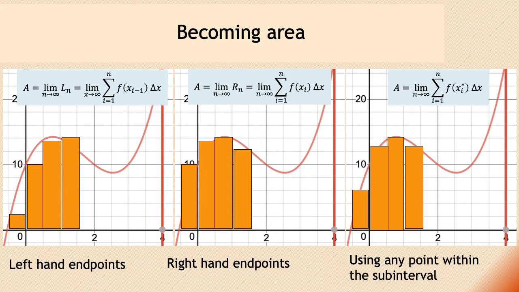And just to get a visual on that, the very first graph there on your left shows rectangles set up with left-hand endpoints, so it's the left-hand endpoint that's going to dictate how you figure out the height of each rectangle. In the middle, it shows a visual of using the right-hand endpoint, so it's the right-hand endpoint that's going to dictate the height of each rectangle.